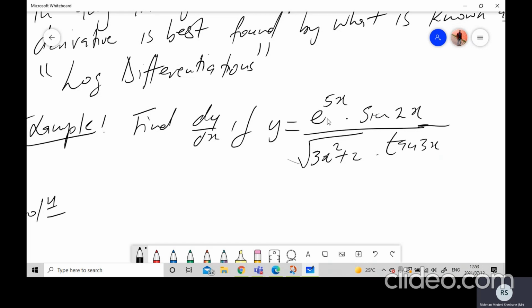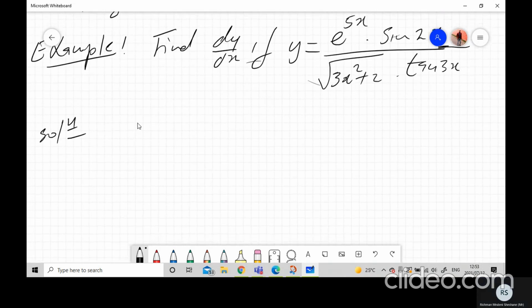So applying the standard quotient rule in this function, which has more than two factors, will be complicated. If your function has more than two factors, you just apply log differentiation. Let's use log differentiation to find the derivative of this function.